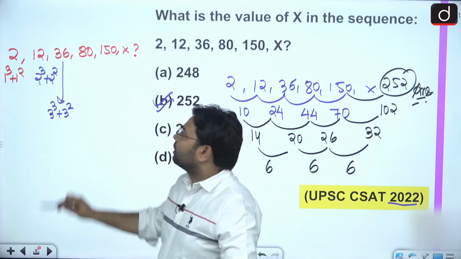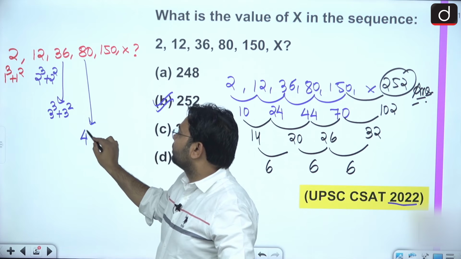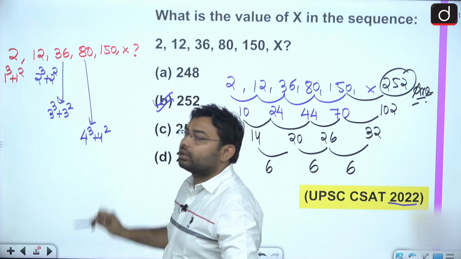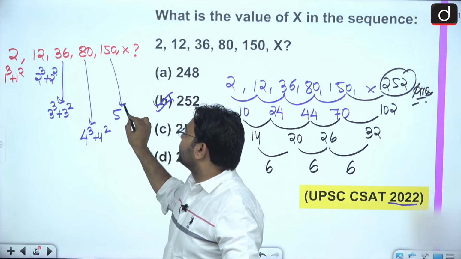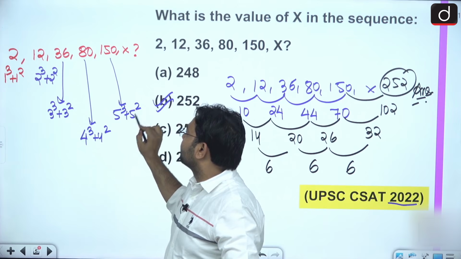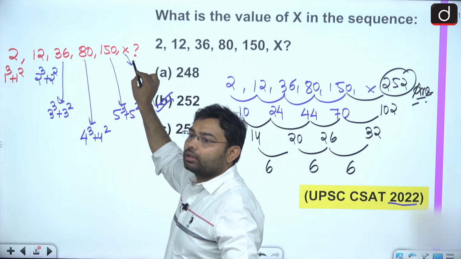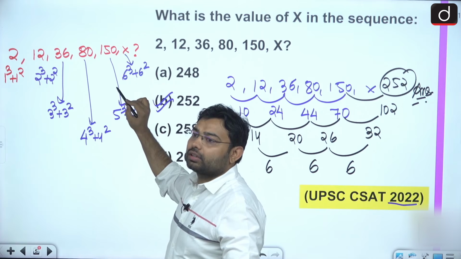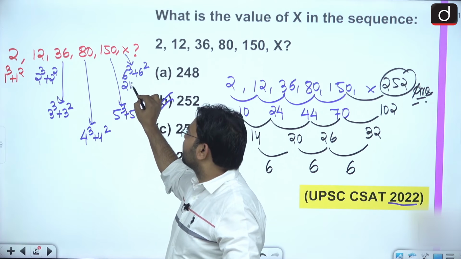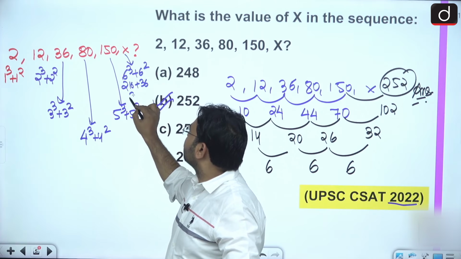Got this one? This is 4 cube plus 4 square. This is 5 cube plus 5 square. So this should be 6 cube plus 6 square, and cube of 6 is 216 plus 36. It is 252.